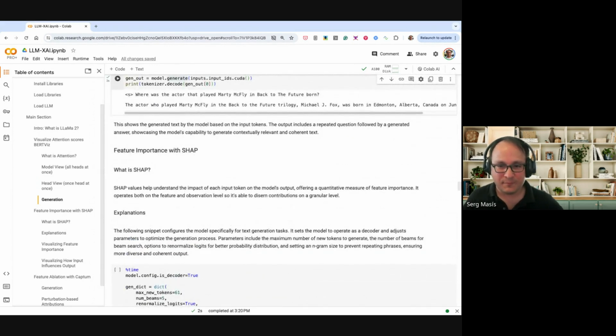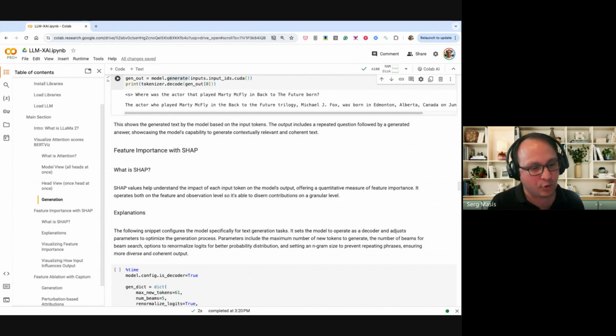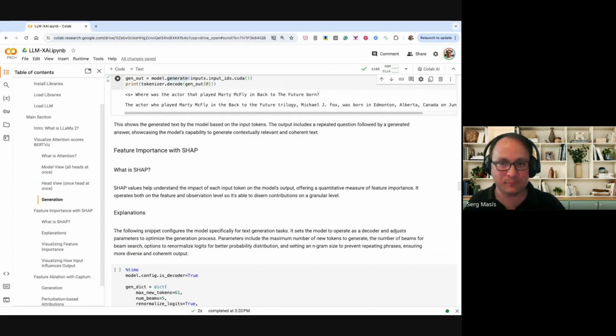SHAP is a method for explainable AI. One of the advantages SHAP has is that it's based loosely on Shapley values, which are based on game theory. The idea is that we see each feature as a player, in this analogy I like to use. In this case, each token is a feature, a player.